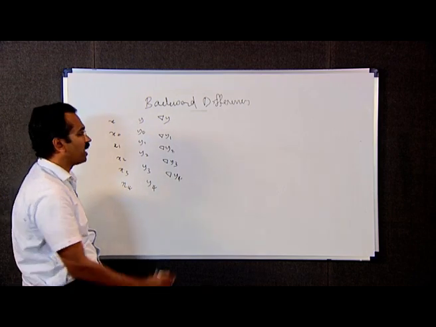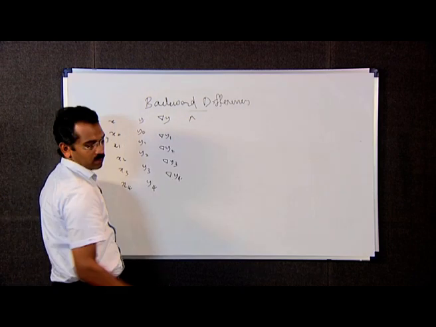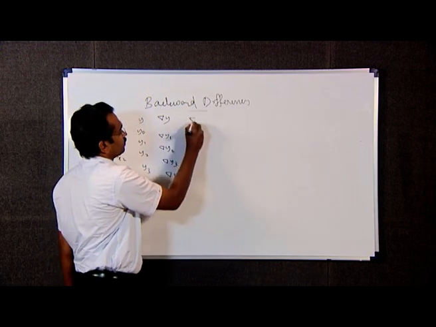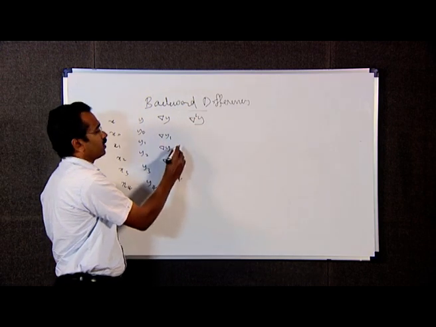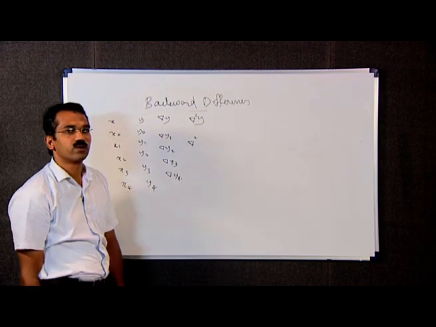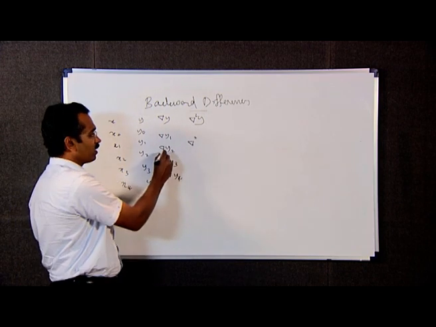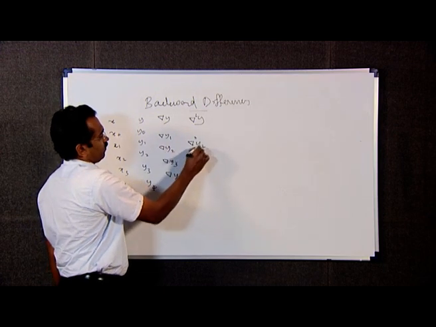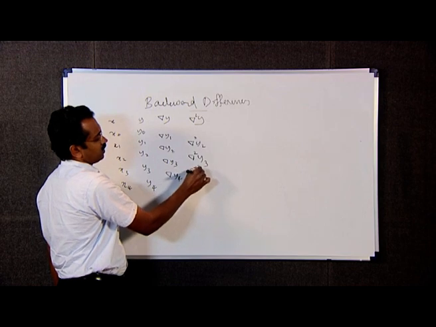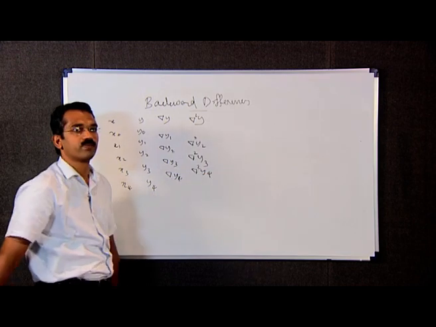The second backward differences are del square y, this is del square y2, this is del square y3 and del square y4.